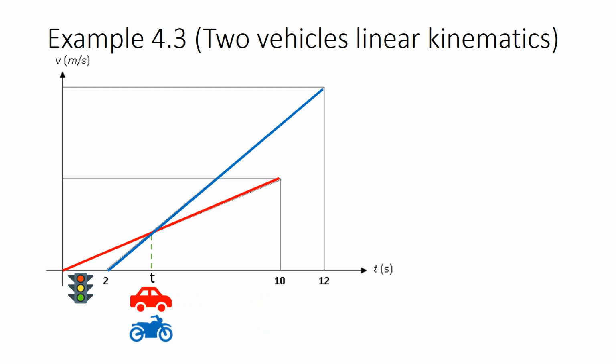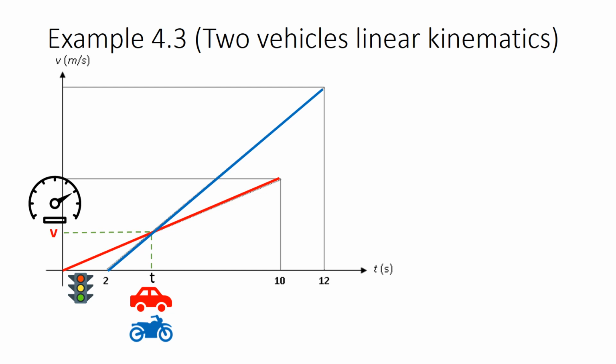At this instant time t, when the two lines intersect, from the VT graph, we know that they share a common velocity v. Now, does this v indicate that the bike actually caught up with the car? The answer is no. The same v means that on the speedometer of both vehicles, it is showing the same velocity or speed.